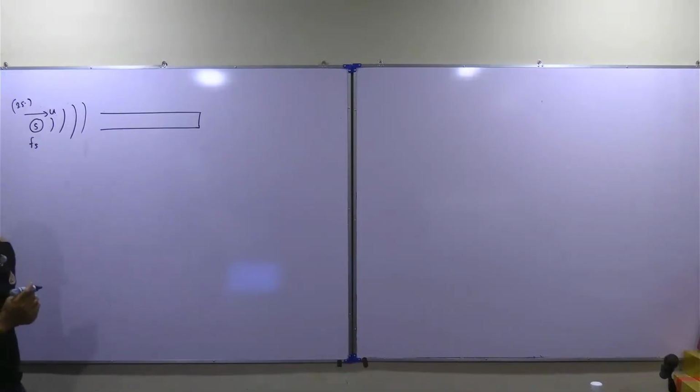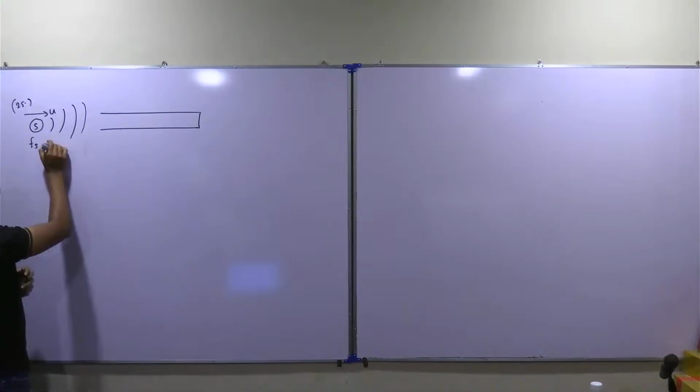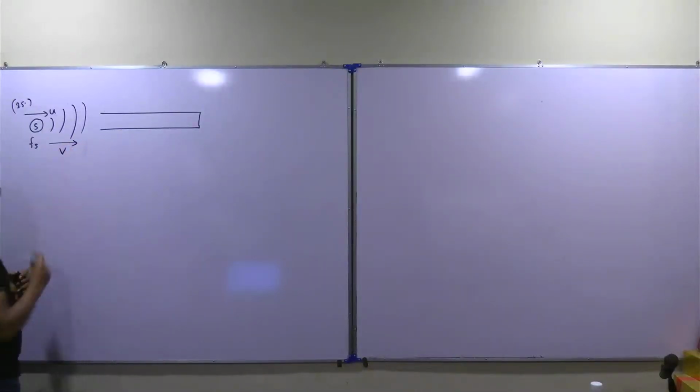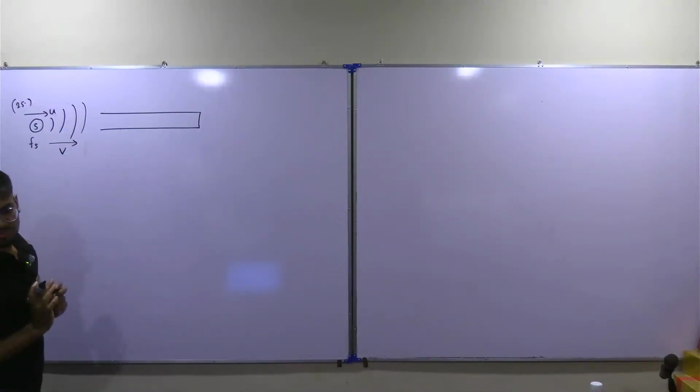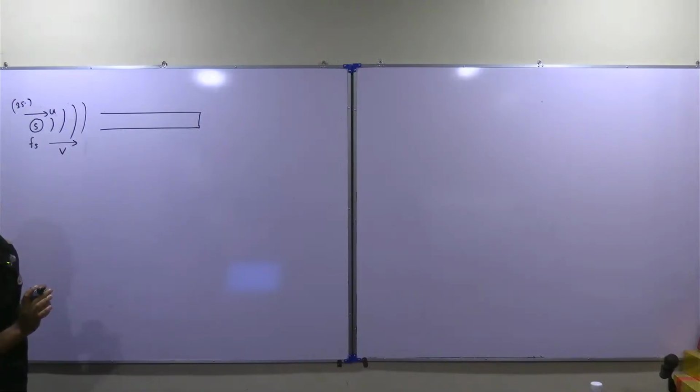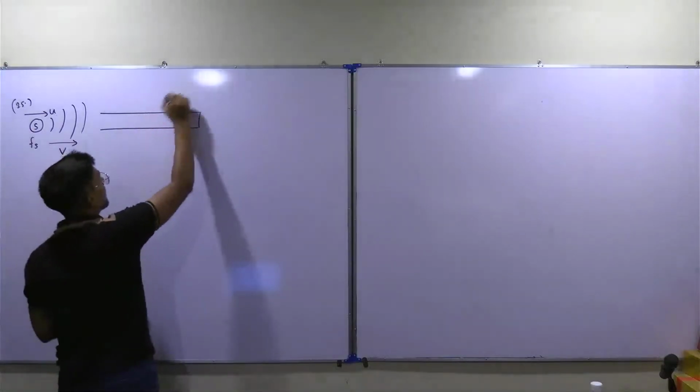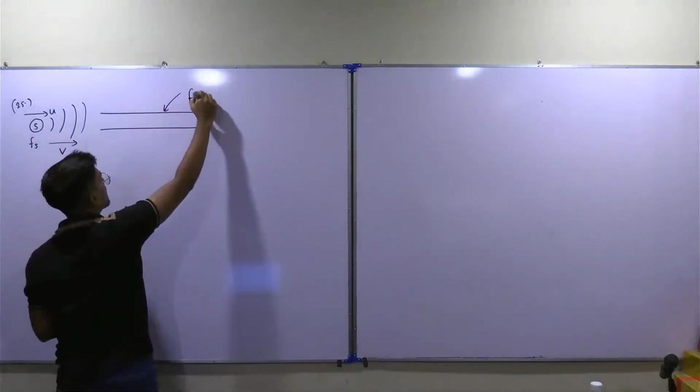The velocity of sound in air is capital V, that is also given. And there is another piece of information: the fundamental frequency of this tube is f0.